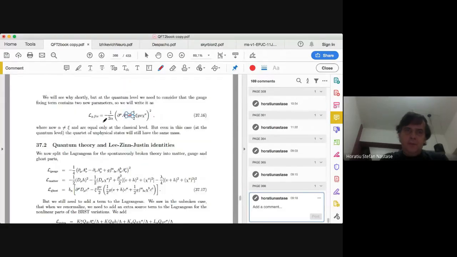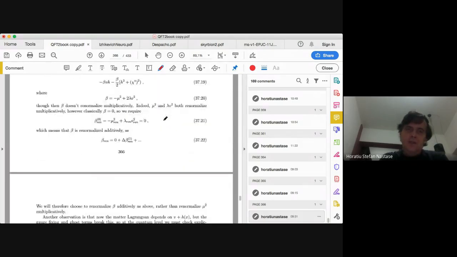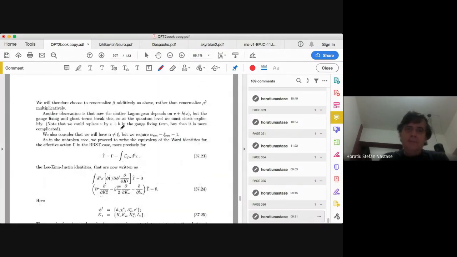So the gauge fixing term, of course, depends only on v, but not on h. So the gauge fixing term breaks the explicit symmetry with respect to v plus h, but the gauge fixing term is part of the quantum theory.